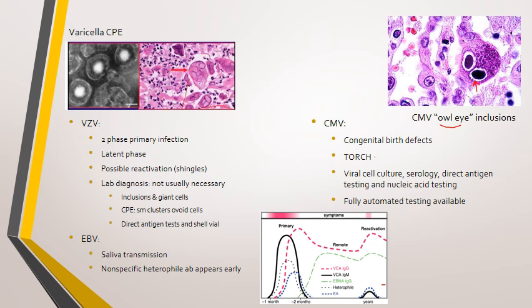Now I'm just going to go quickly through some of the things you need to know about each of these. Varicella zoster virus is chickenpox. That's what it causes. It is a two-phase primary infection where the infection usually starts in either the eyes or the upper respiratory tract and then travels to the lymph nodes.